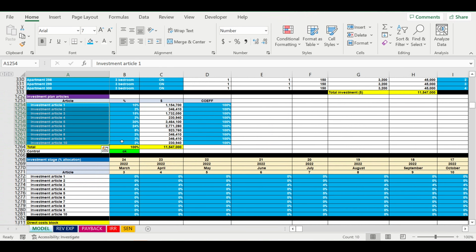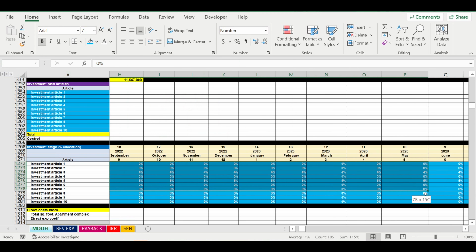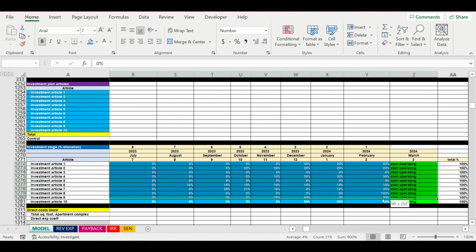Then we allocate this amount of investment inside the timeline in percentage. Here it is. This is the moment when we start operating activity, and here we allocate in percentages to make the final 100% for each investment article.